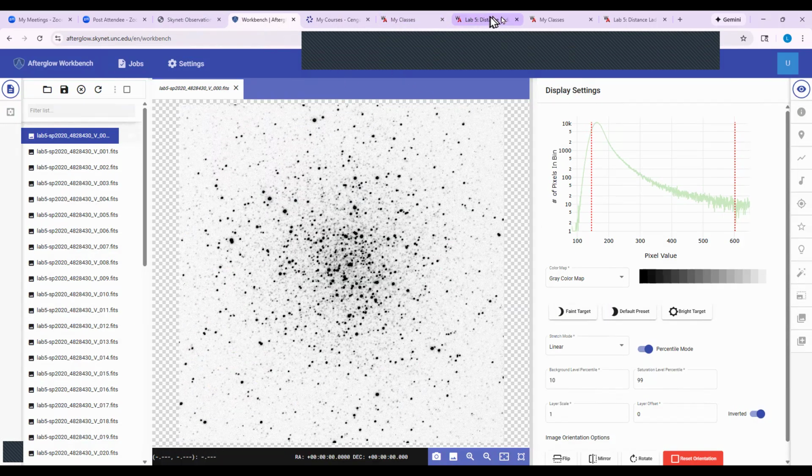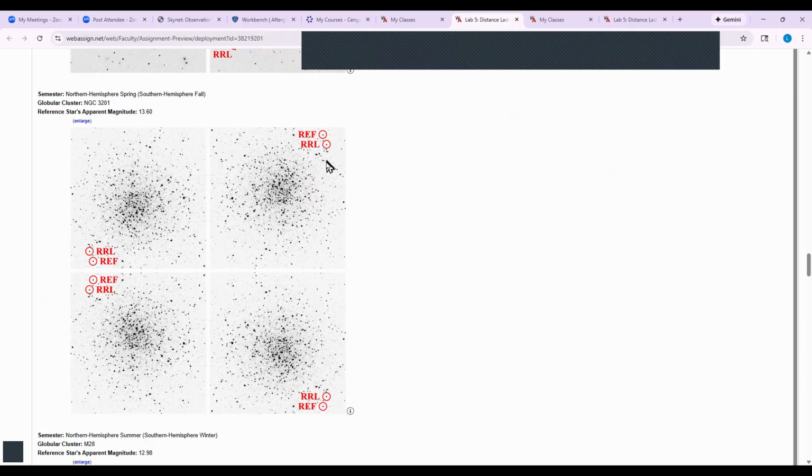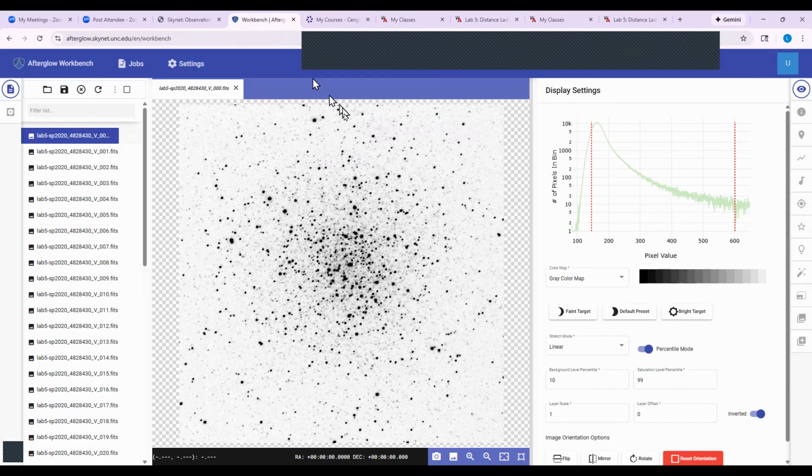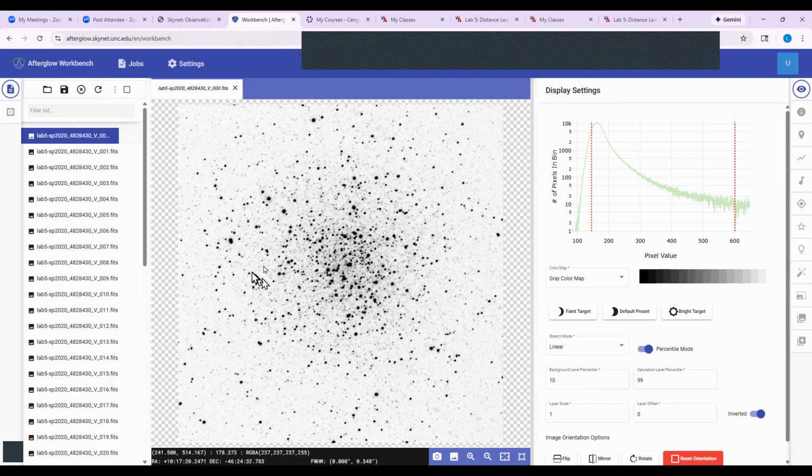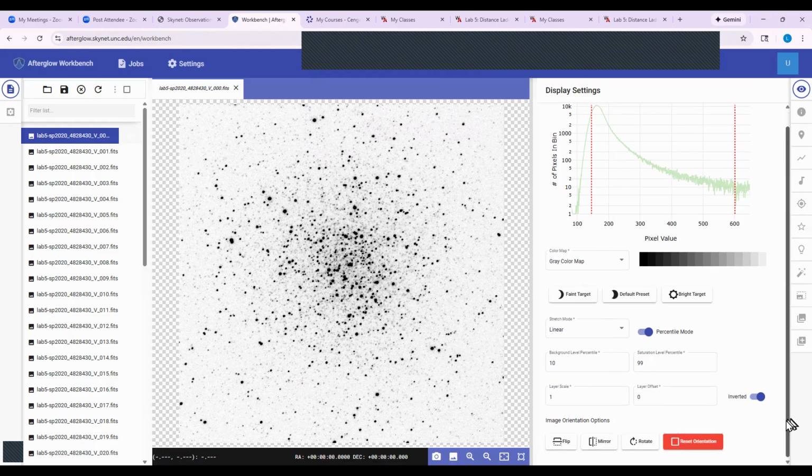Okay, we have to figure out what the orientation is around this one. As you see here, you see a triangle like this that has one star on one of the sides. Then I go back to the Afterglow. As you see here, where is the triangle? Probably let me rotate it again.